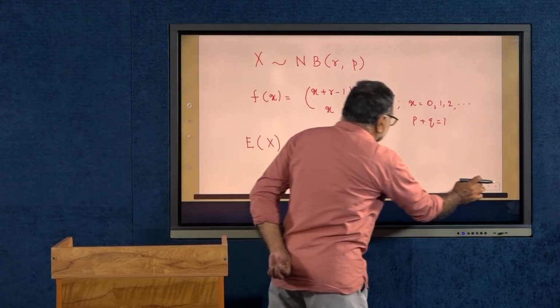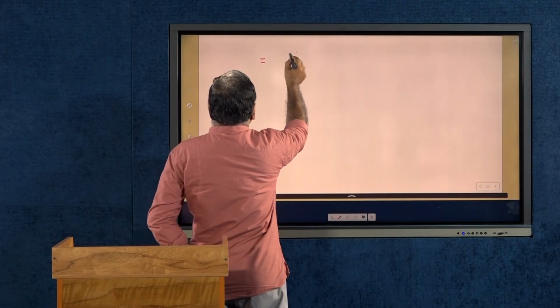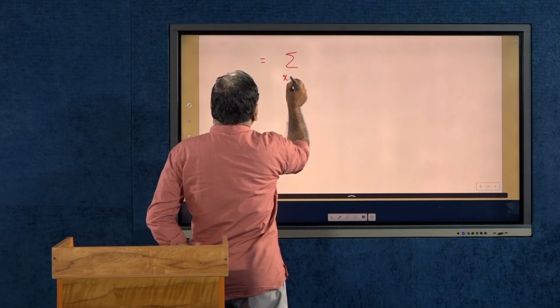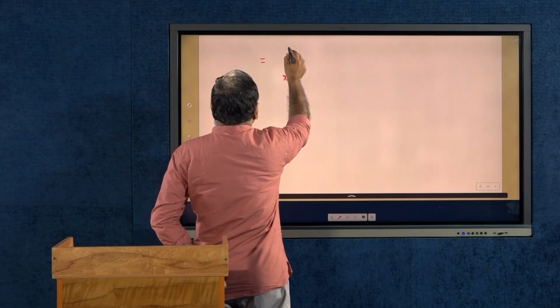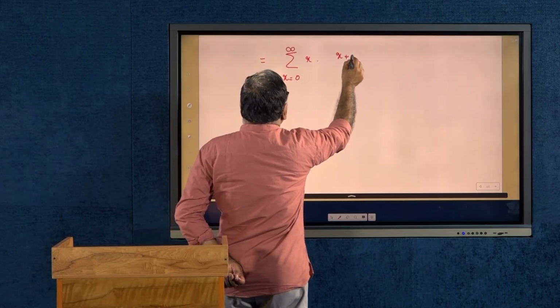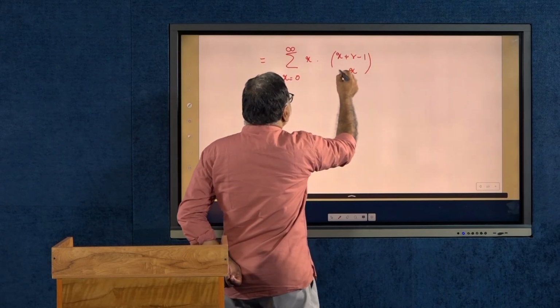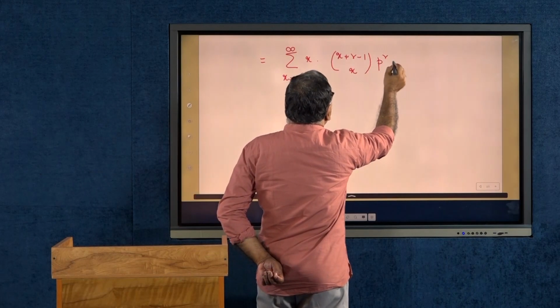So, you find this value by substituting f of x here, that is, x is equal to 0 to infinity x into x plus r minus 1 c x p power r q power x.